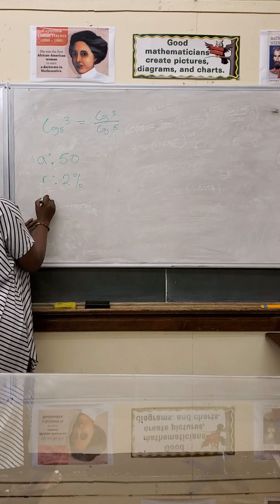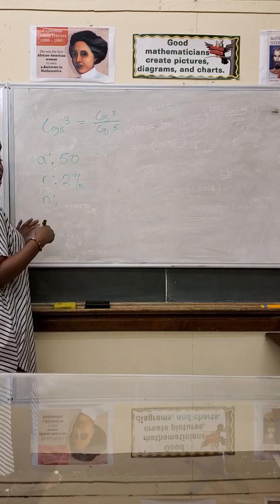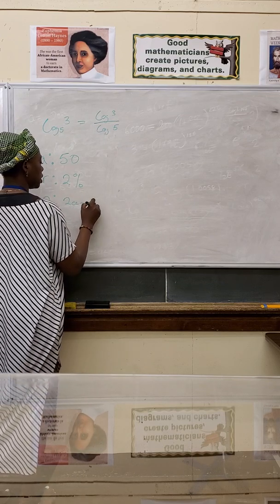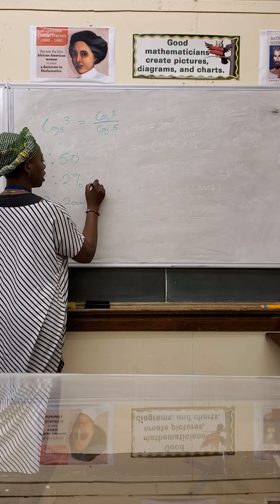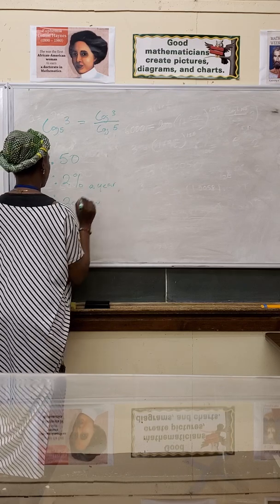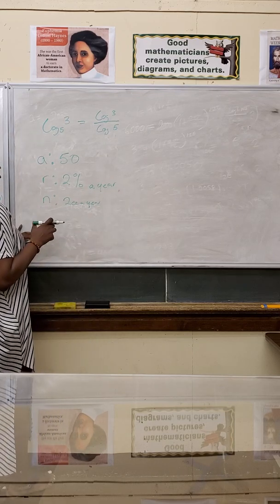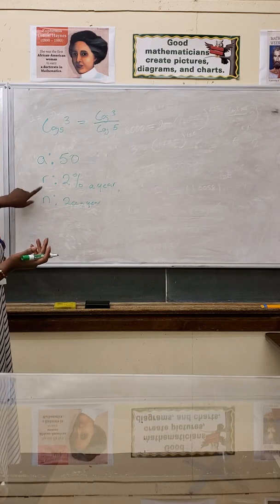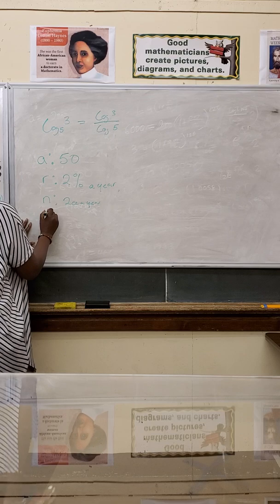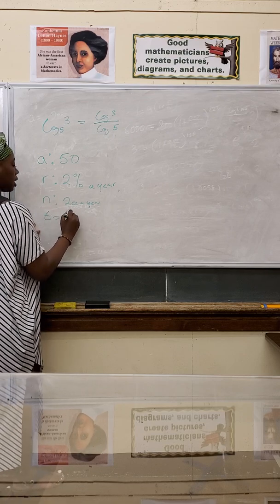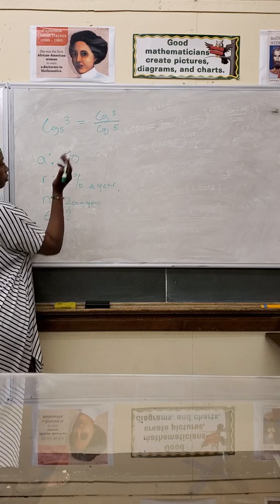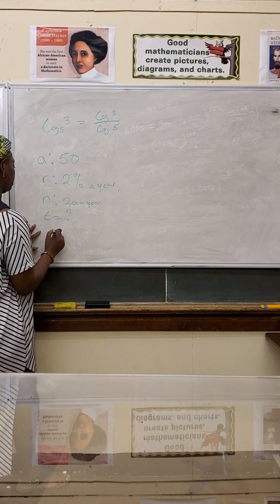Let's say it's compounded semi-annually, so twice a year, and this is 2% a year. And let's say we have our A, R, N, and we're looking for our time, how long it's going to take us to get, let's say, $1,000.